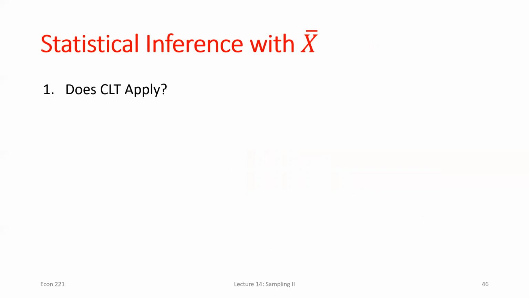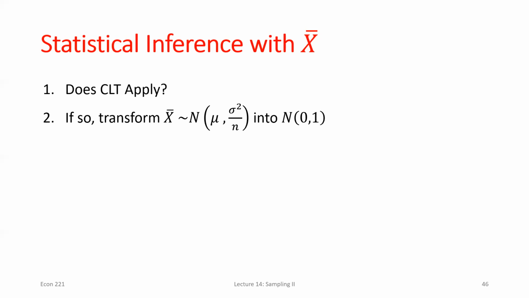But let's say I start out, I take a sample, right? And I might want to figure out, okay, what's the likelihood, if I sampled 100 people, that I see a sample mean income value that's, I don't know, below 35,000? Well, I know my sample means are normally distributed as long as the central limit theorem applies.